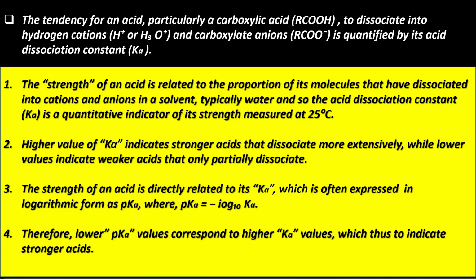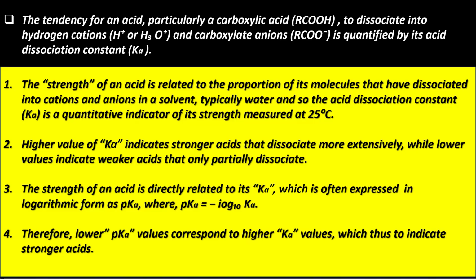And so the acid dissociation constant, Ka, is a quantitative indicator of its strength measured at 25 degrees centigrade. Higher value of Ka indicates stronger acids that dissociate more extensively, while lower values indicate weaker acids that only partially dissociate.